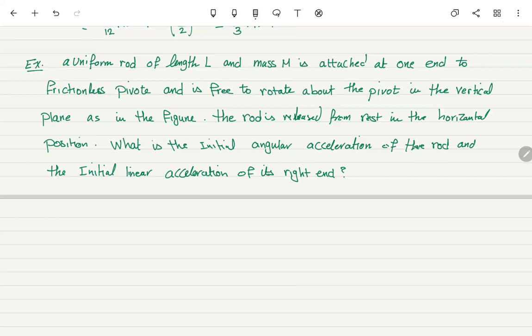Now let's draw the situation. So here's the fixed part, and here's the pivot here.